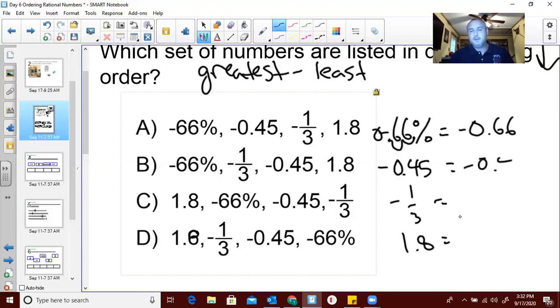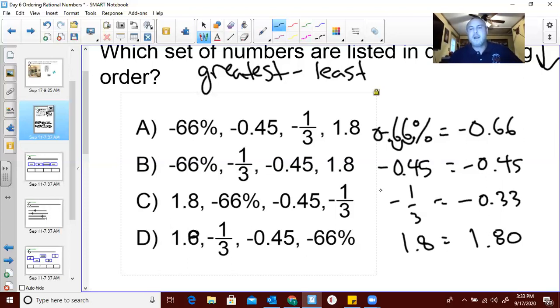And negative 1/3, I know off the top of my head, is negative 0.33, and it repeats, but because the thousandth place would be another 3, I'm just going to round off to the hundredths and leave it here so all the numbers look similar. And then I'll have 1.80. I add the 0 because it doesn't change anything, and it makes all the numbers look similar.